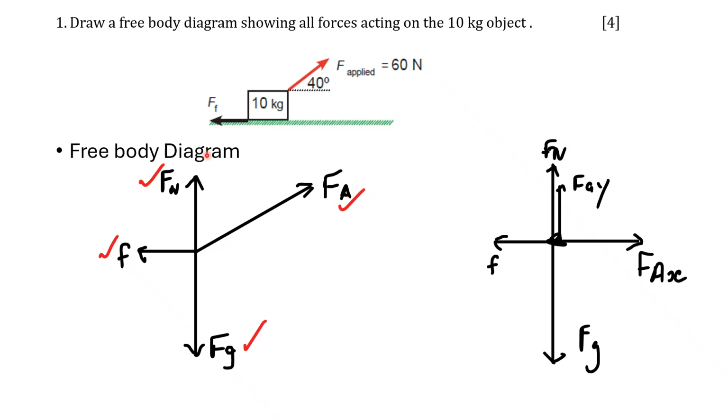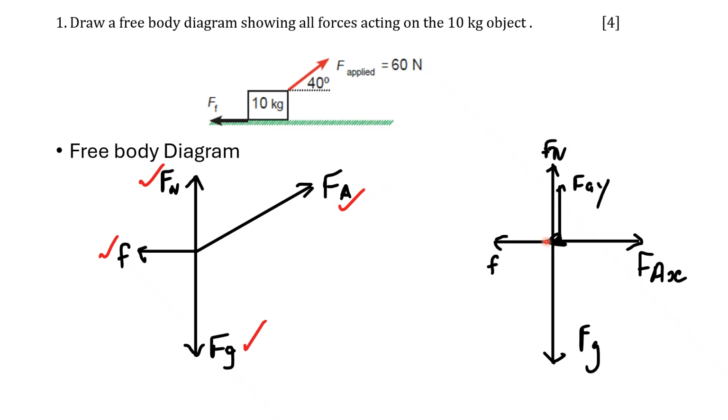Therefore, we have a normal force acting up against it. So the normal force and the force of gravity are balancing each other out. Not totally, but yeah. Then we have friction. That always acts opposite to the direction I'm pulling or applying a force. And there's my applied force. So 1 mark for each one drawn properly.